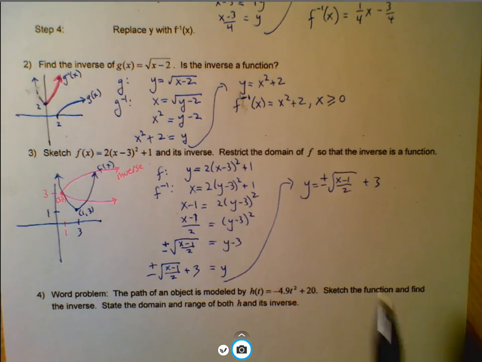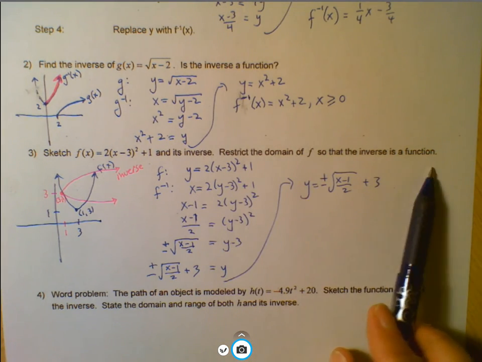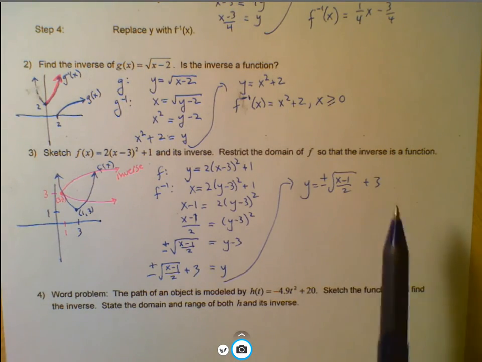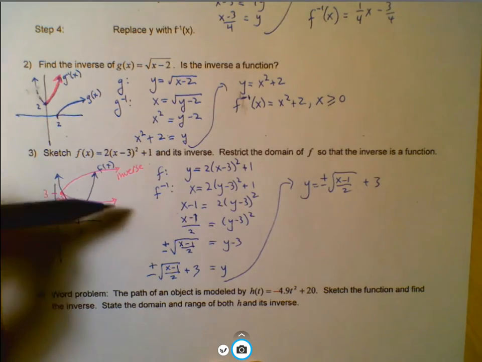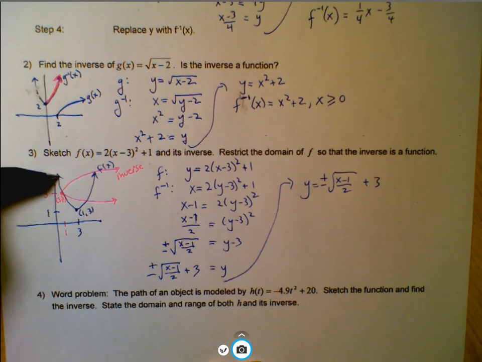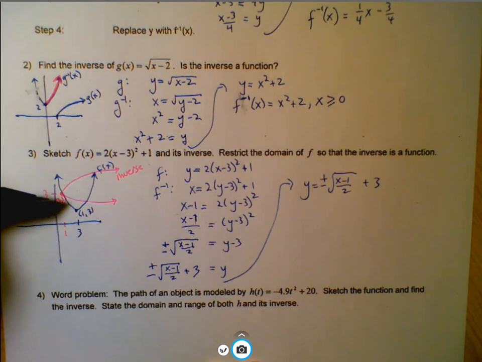Okay, now it says restrict the domain of f so that the inverse is a function. So right now, this is not a function. The reason we didn't get a function is because f had these 2 parts. When you take the inverse, your inverse has these 2 parts, and that makes it not a function.